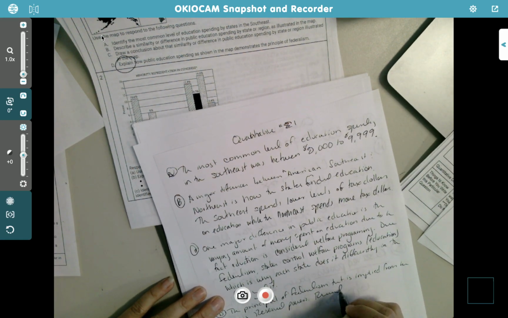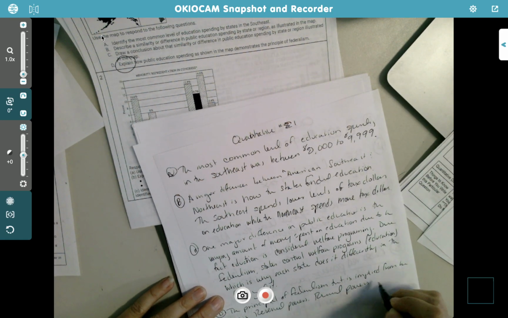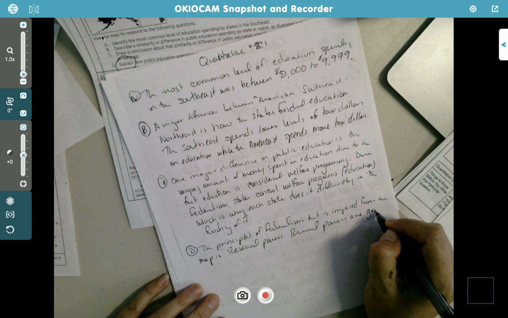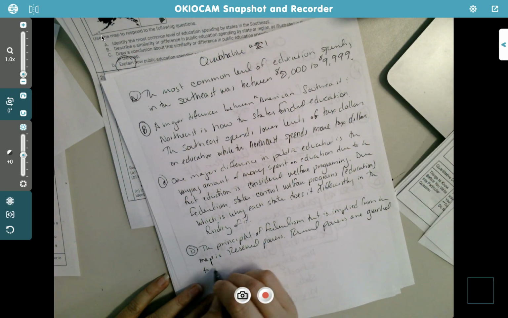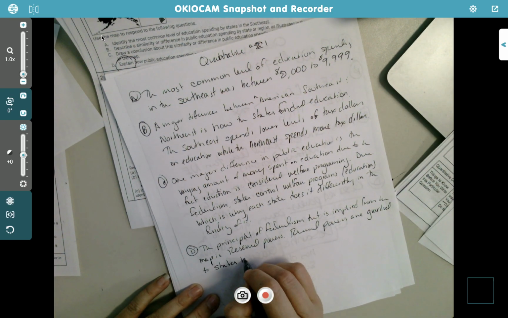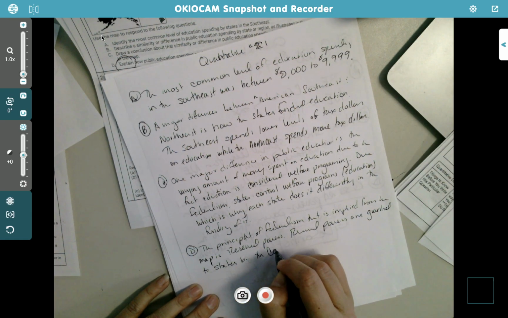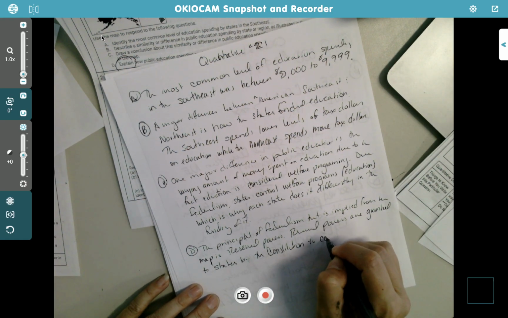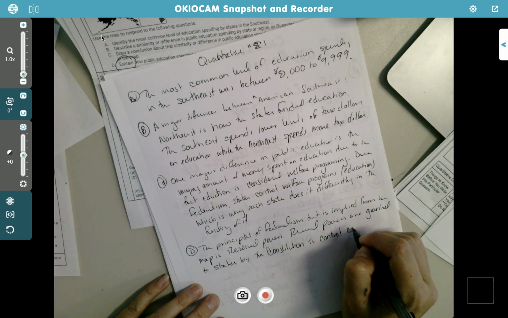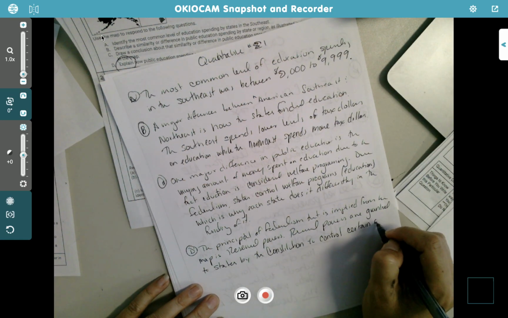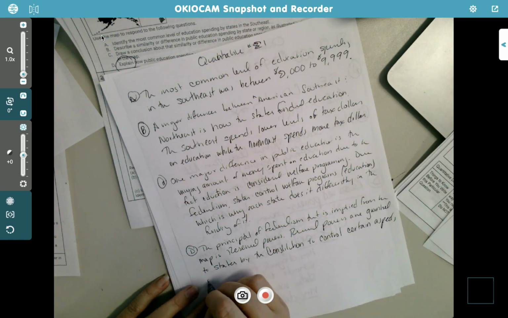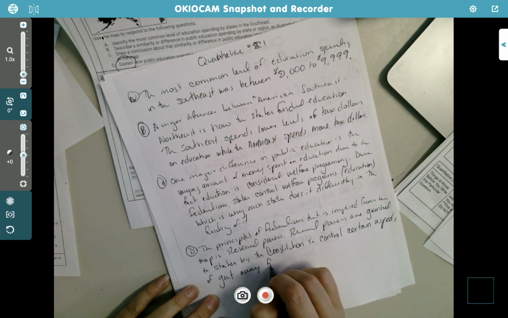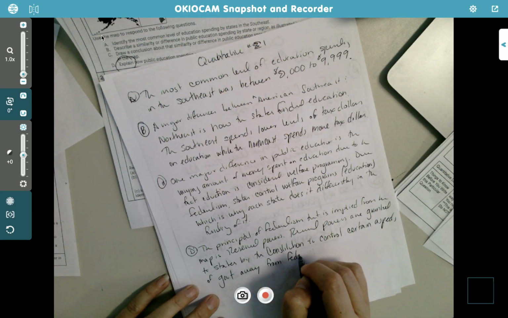Reserved powers are granted to states by the Constitution to control certain aspects of government away from federal regulation.